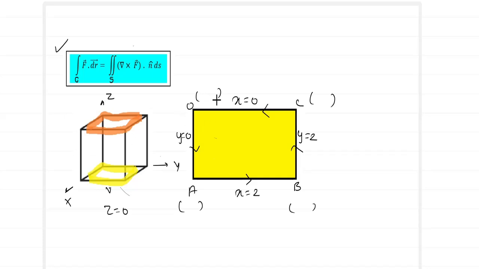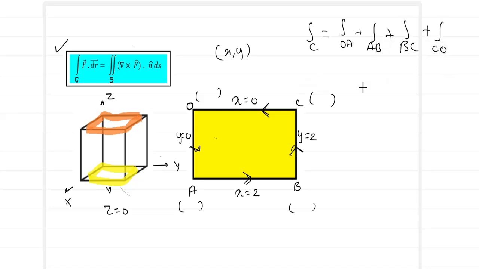To find the coordinates. All the coordinates are got by the ordered pair x comma y. Go for labeling O, A, B, C. This curve has to be traversed in anti-clockwise direction. Keep it in mind. So the cyclic integral over C is going to be OA, AB, BC plus CO. So you are splitting it into 4 parts.